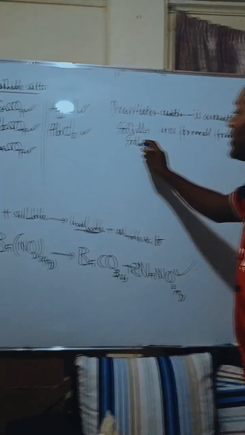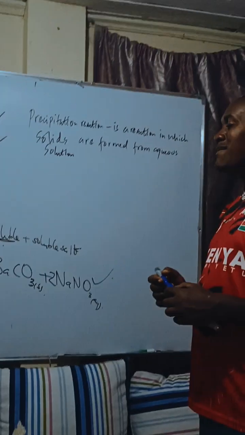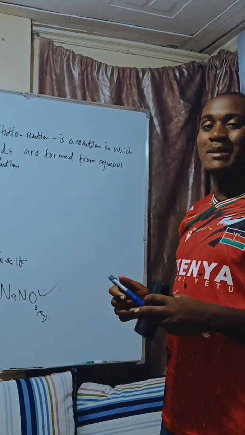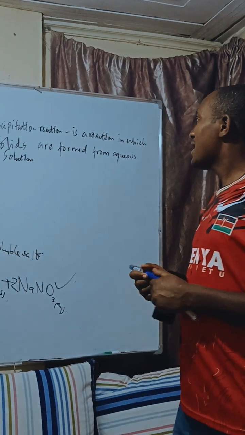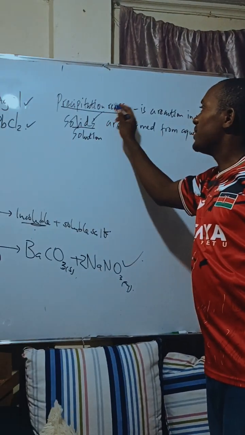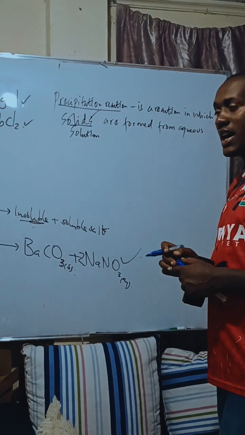So we prepare insoluble salts by mixing two aqueous solutions to precipitate out an insoluble salt. So a precipitation reaction is a reaction in which solids, these are precipitates, are formed from aqueous solution.